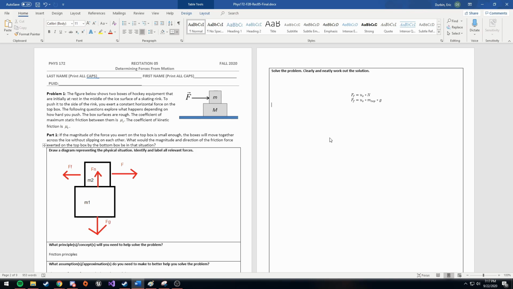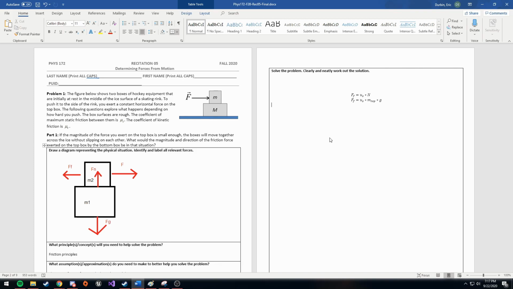So because the net force is 0, and we're only applying a positive x force, that means friction has to be the negative x force that is equal to our positive x force, correct? Yeah, because they have to add up to 0 in the x direction.